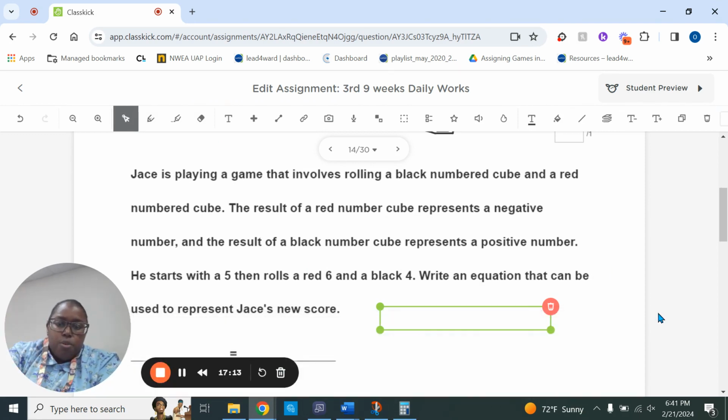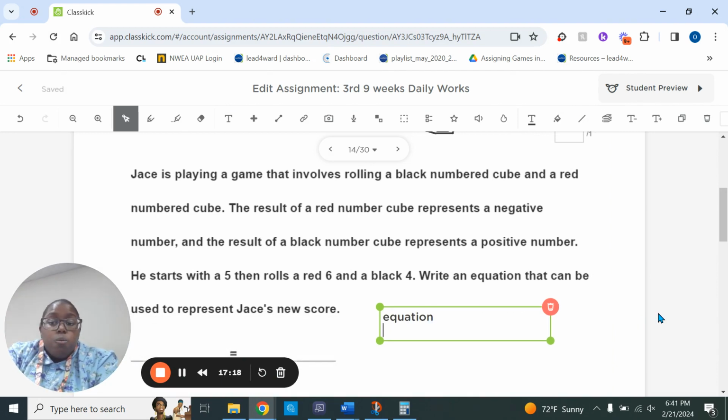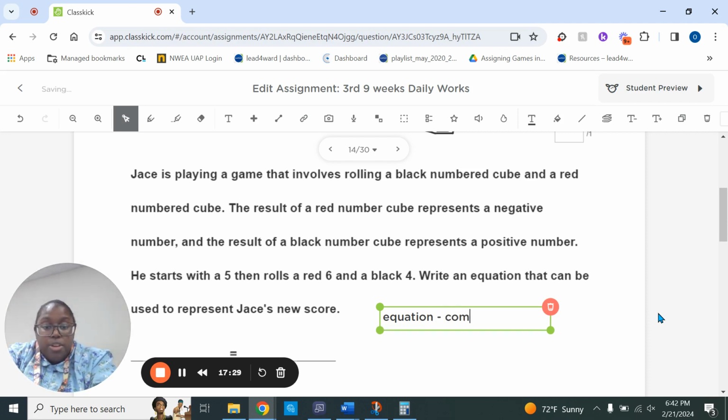So, for this problem, we need an equation. So, what is an equation? Well, an equation is a comparison of two expressions. What does that mean? If you have an equation, that means you have a combination of numbers, variables, depending on if you have to use letters or not, operations, and an equal sign.